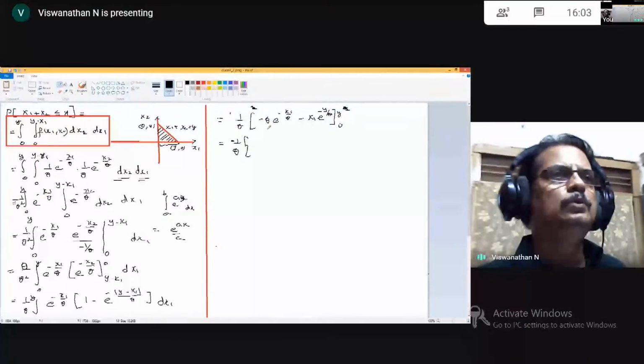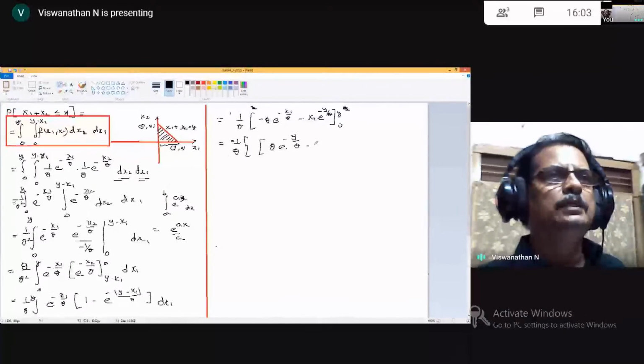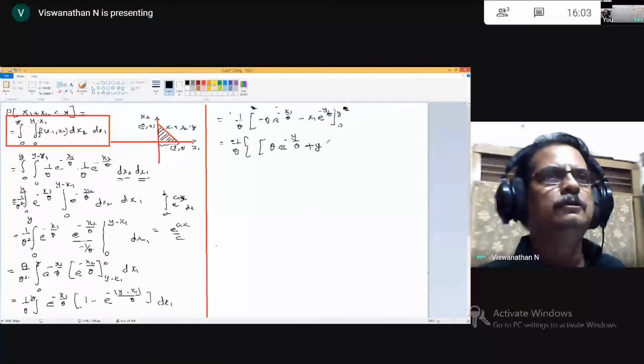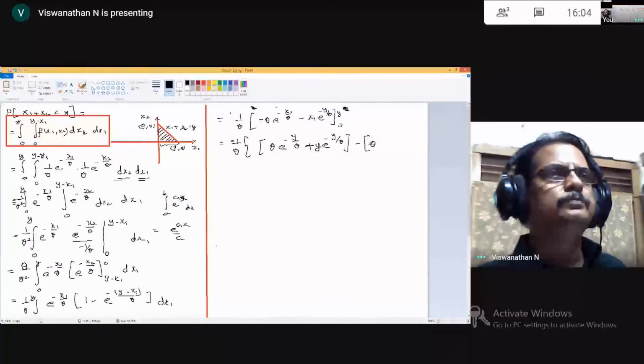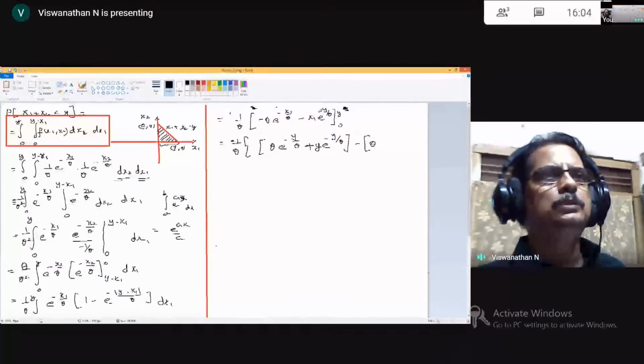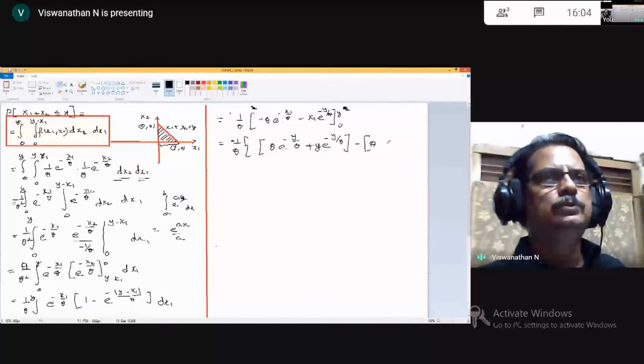So it is minus 1 by theta times theta plus x1. I will substitute the upper limit: theta e power minus y by theta, because I am to substitute y for x1, and for the x1 I have to substitute y. Now it is plus because I have taken the minus sign: y e power minus y by theta. This is the upper limit, minus the lower limit. I want to substitute x1 as 0, so e power 0 is 1, so it will become theta. And when I substitute 0 for x1, this will become 0.